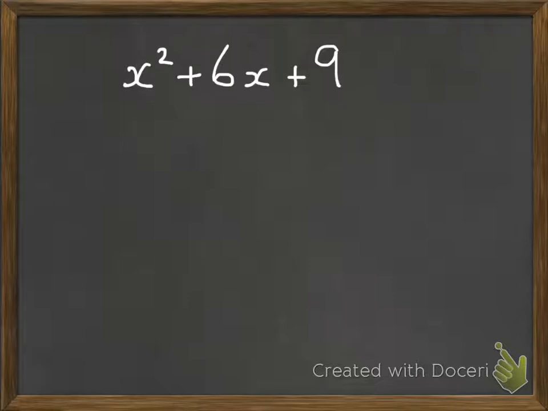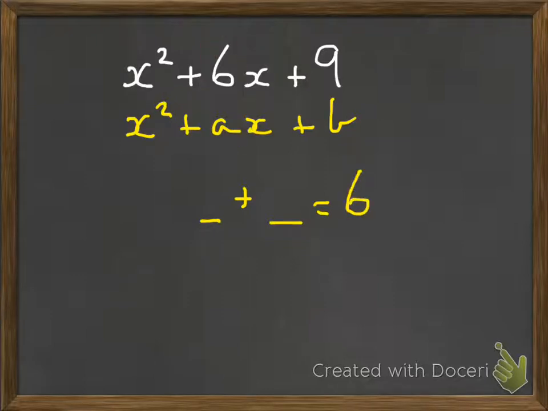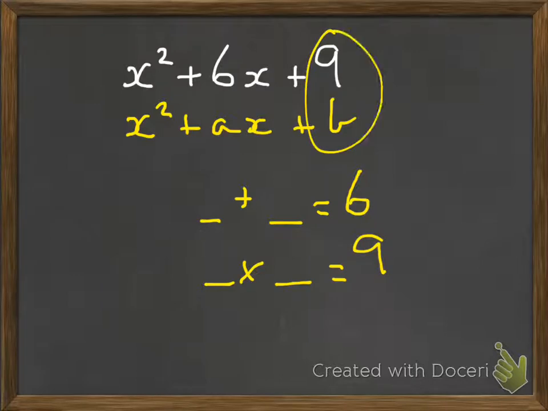If you remember, it's of the general form x squared plus ax plus b, and I have to find two numbers that when added together equal A, which in this case is 6, and the same two numbers which when multiplied together equal 9.